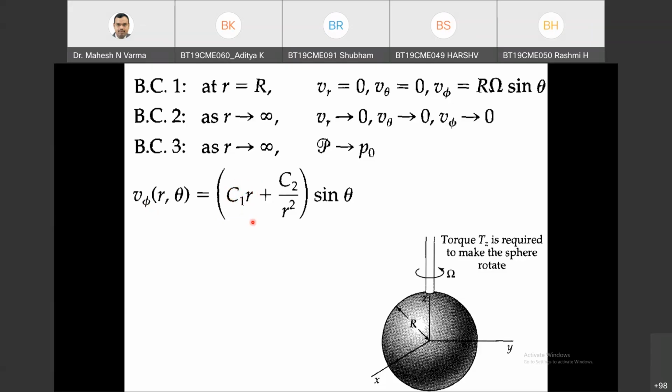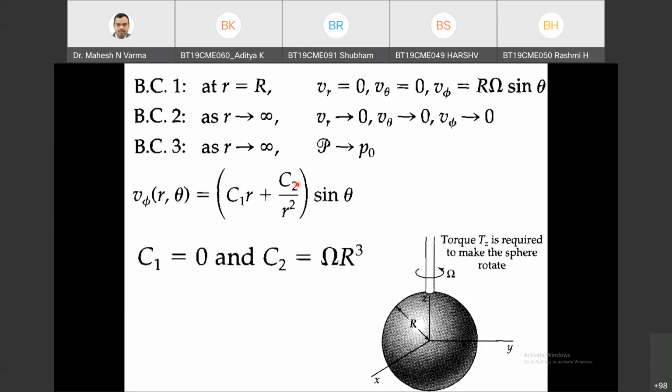Now c1 equals to 0. Now using this boundary condition at r equals to R, at r equals to R, v phi equals to R omega sine theta. So what will c2 equal to? Rashmi? C2 will be R square omega sine theta.